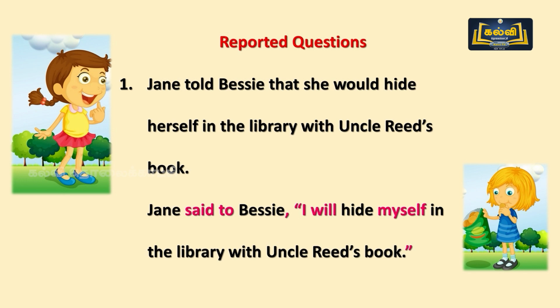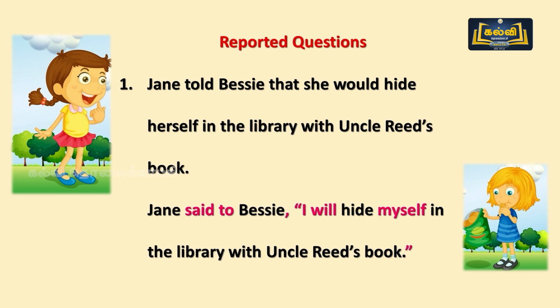See again, "I will read." Jane told Bessie that... See now, when you are changing, Jane said to Bessie, you will take away "that" and instead of that you will put a comma. Start the quotation. The "she" pronoun which has been used here denotes Jane.